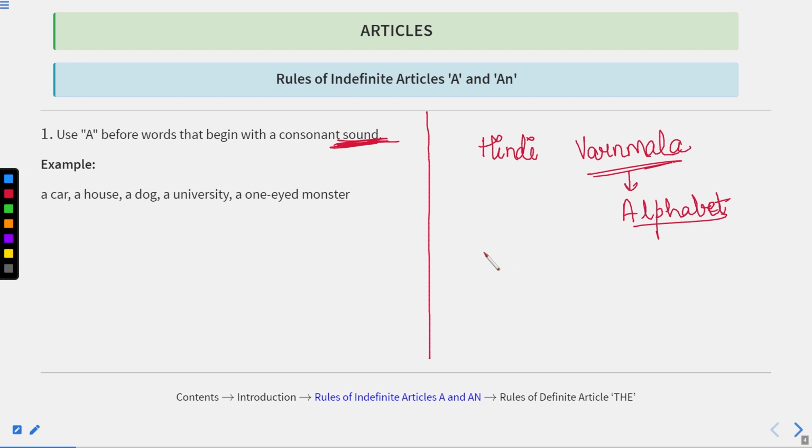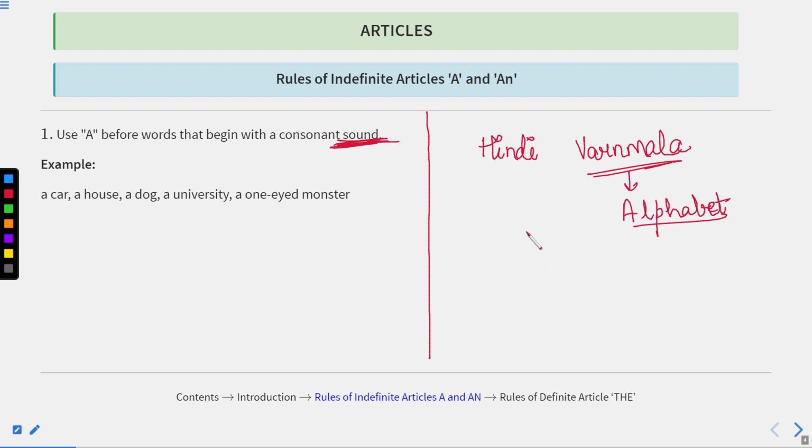You must have heard these two words in Hindi. I'm writing this just to explain it to you. Now, if any word's pronunciation starts with a Swar, which is also known as a vowel in English, there we use N before the noun.